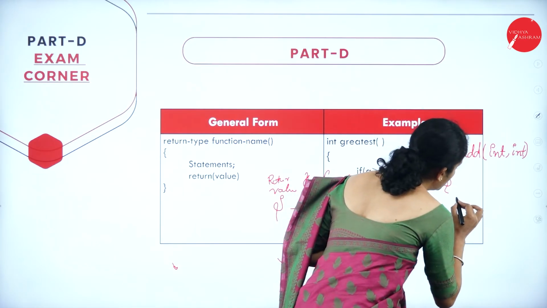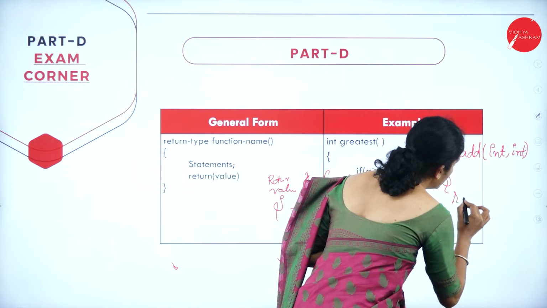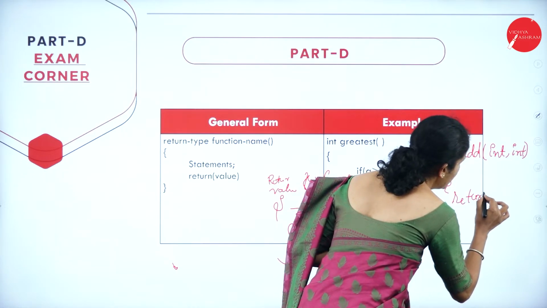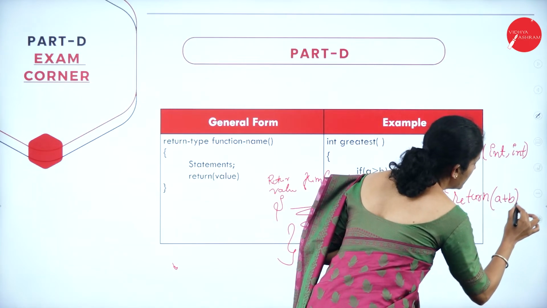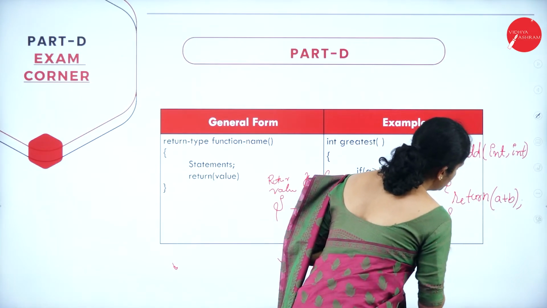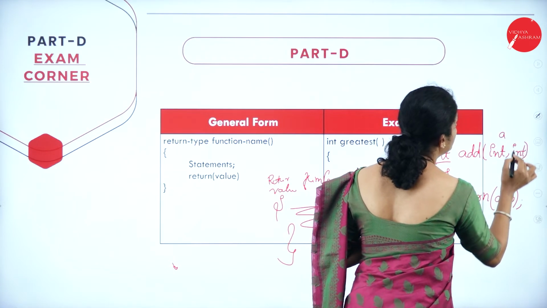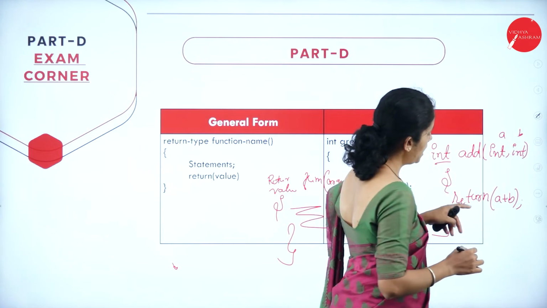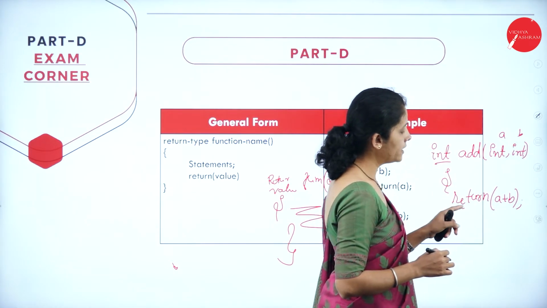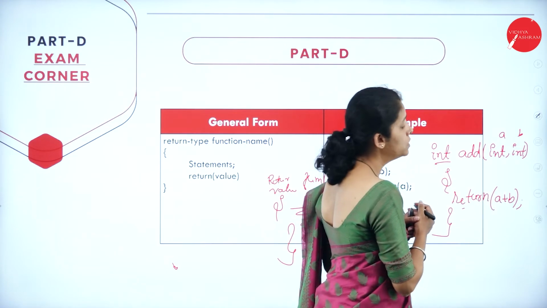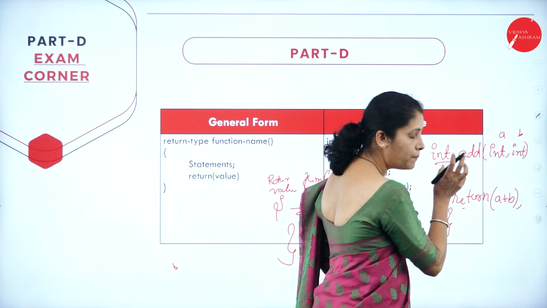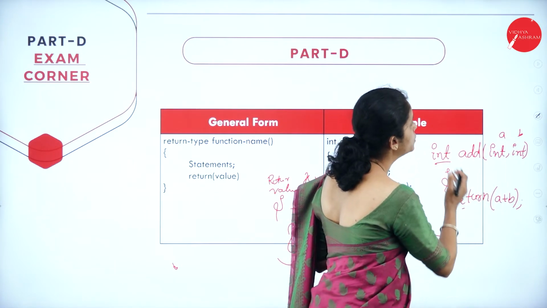Now, let me write the code. That means I'll write return a plus b. For example, think that here int a and int b. Now, I can write return a plus b, and it's going to return the value, that is, after performing the addition operation, it's going to return the value.